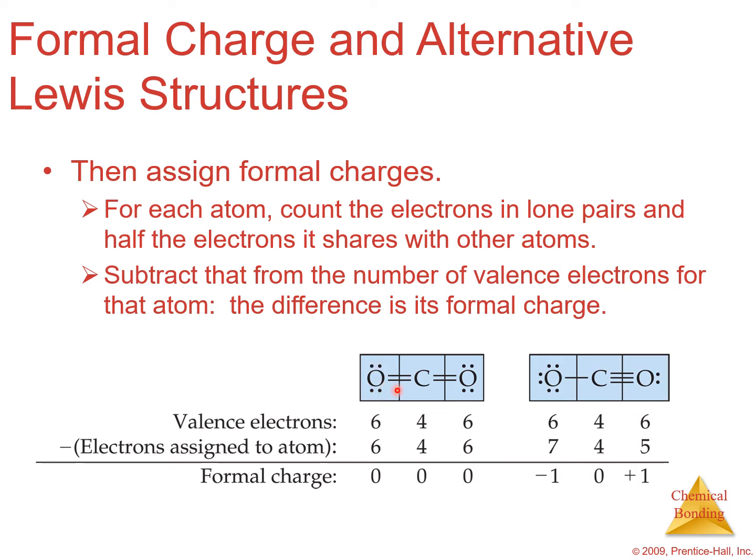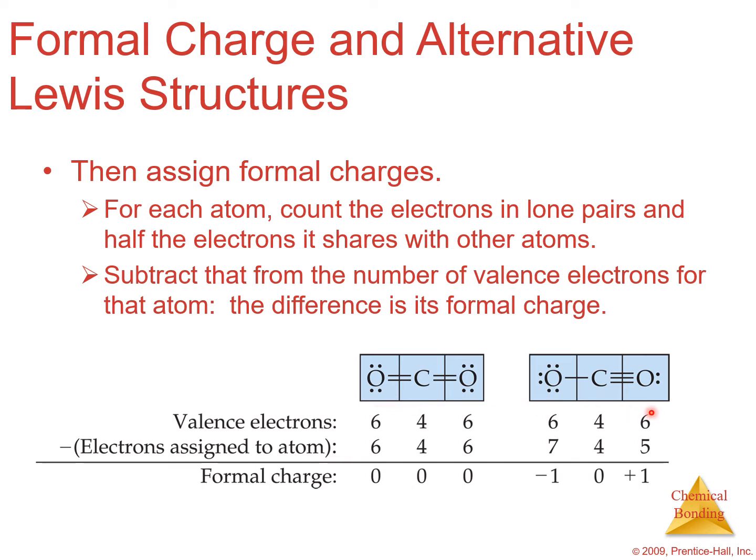So 2 plus 2, 4, and 1/2 of the bonding, so total 6. For carbon, 4, and half of the bonding, half the 8 is 4. And the same for the other oxygen. And you subtract, so the formal charge is 0, 0, 0. So the difference is the formal charge.